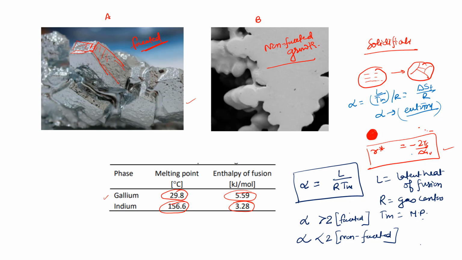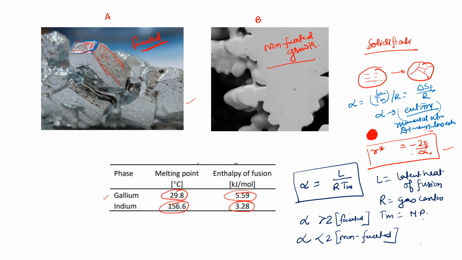So faceted growth is assumed to be more stable. This alpha is a numerical, dimensionless entropy.